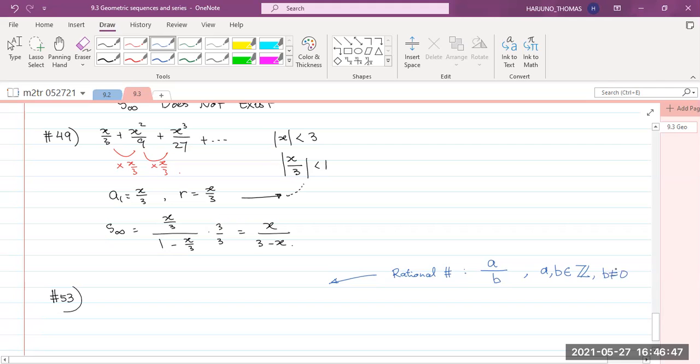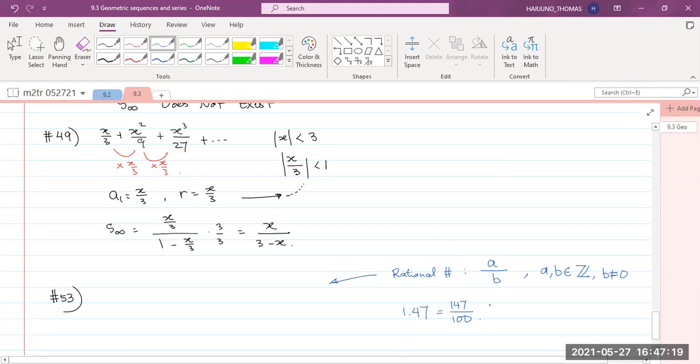One of them is the terminating decimal. Terminating decimal is easy. So let's say I have 1.47, what is that? Well, you call that a rational number, right? So it means you can rewrite that as a fraction of integer over integer.